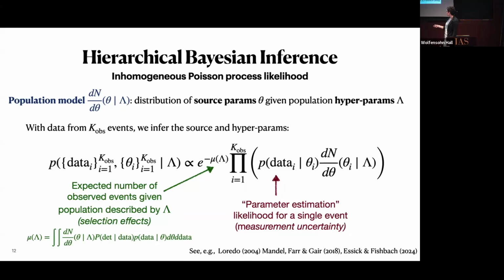So this is your population model. This is the probability of detecting an event given some data, because the selection only depends on data, but then the data depends on the true parameters theta. So this is this integral over theta and data.